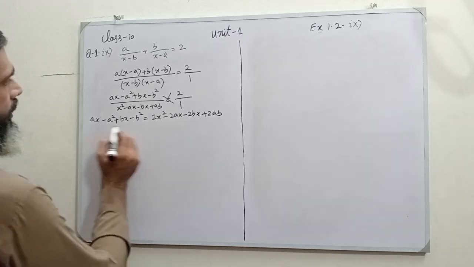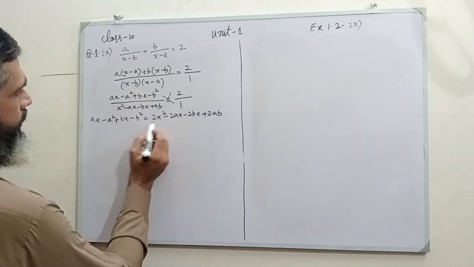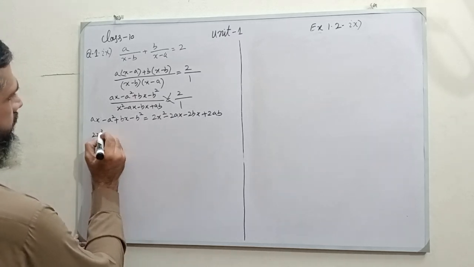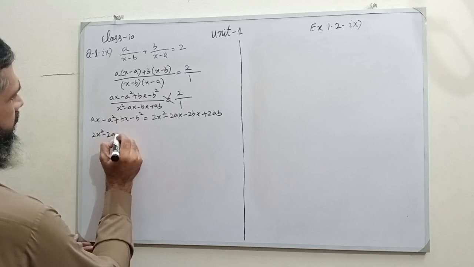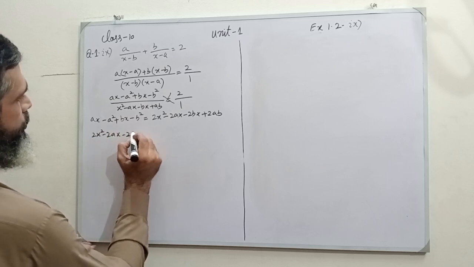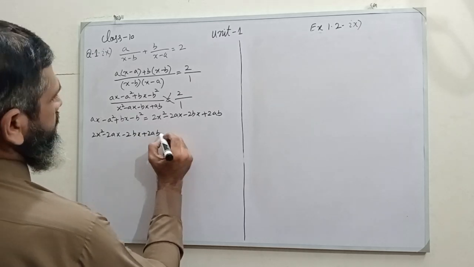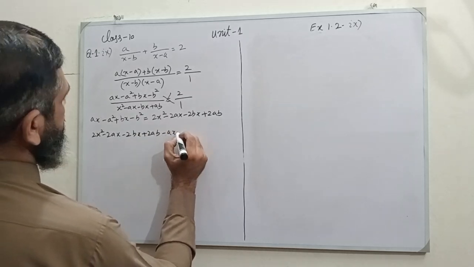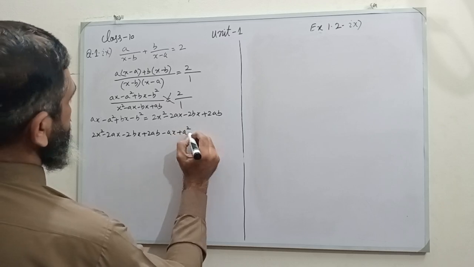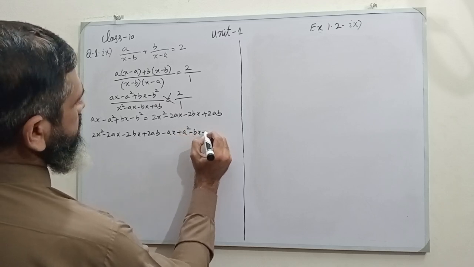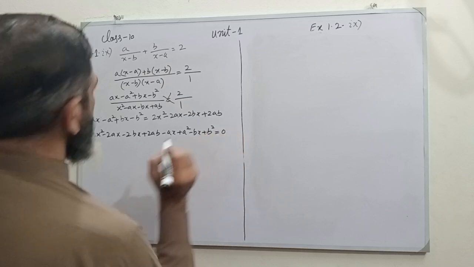Here, okay, so we will move 2x square minus 2ax minus 2bx plus 2ab minus ax plus a square minus bx plus b square is equal to 0.